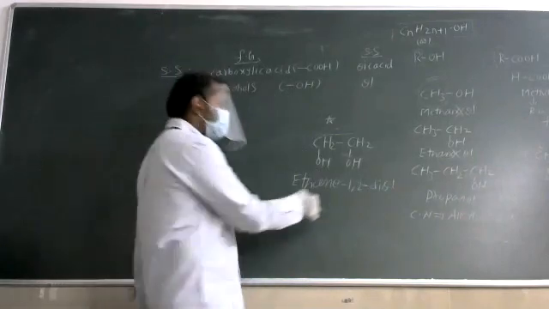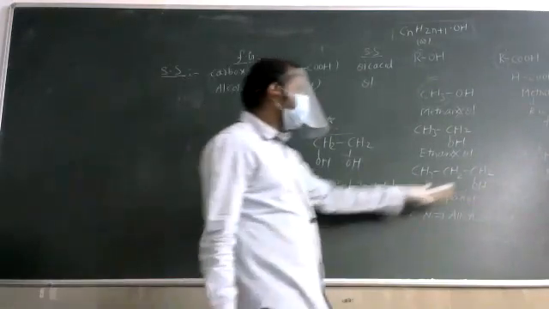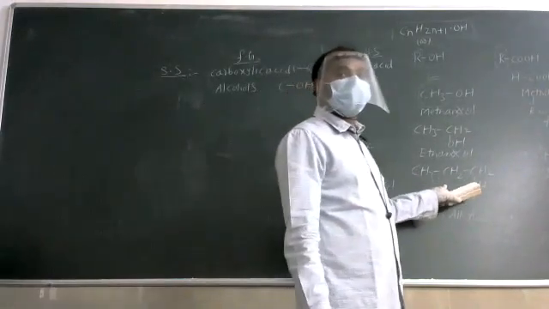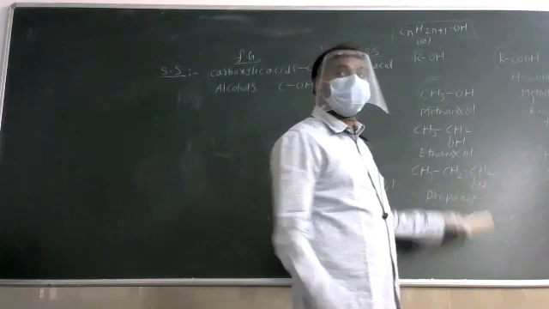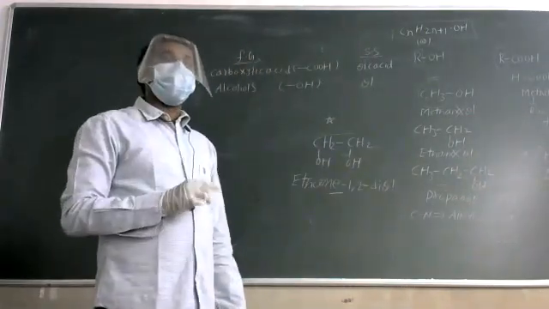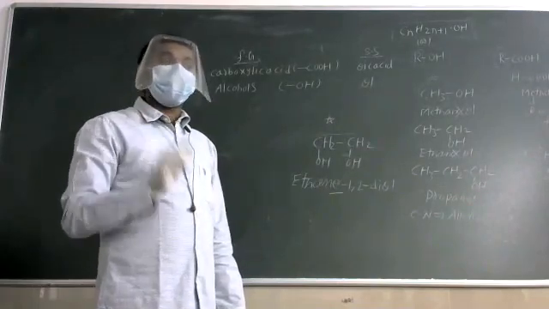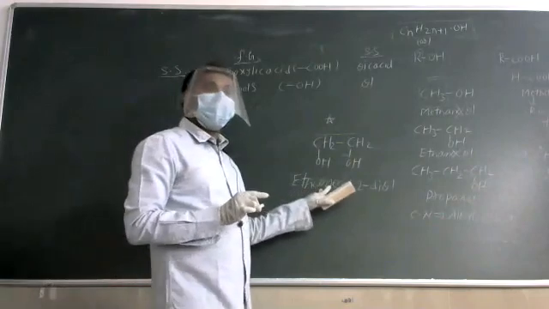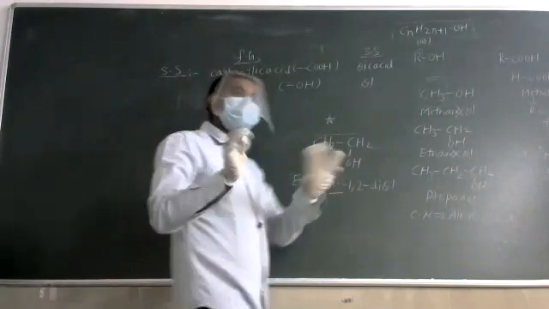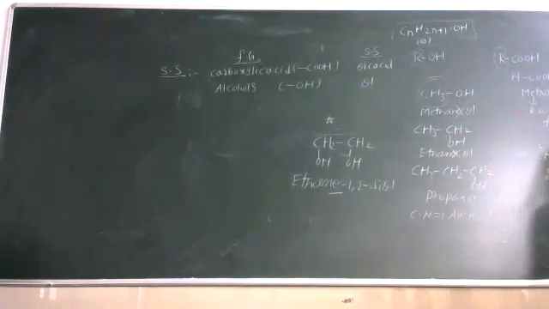See here, I have taken E as it is. But in the earlier cases, only one OH group is there, so E is replaced by O. Here, not only one mole, 2 moles are there. Because of that reason, the E we can take as it is: ethane-1,2-diol, propane-1,2-diol, like that.